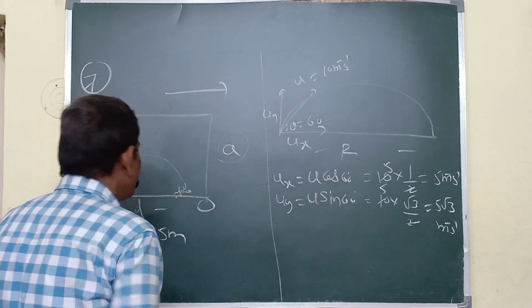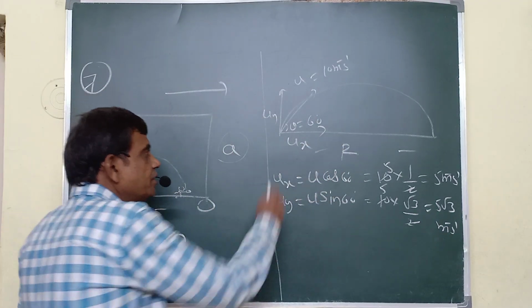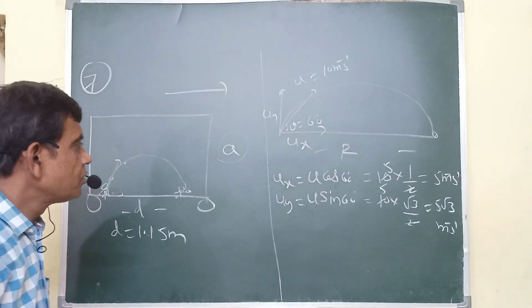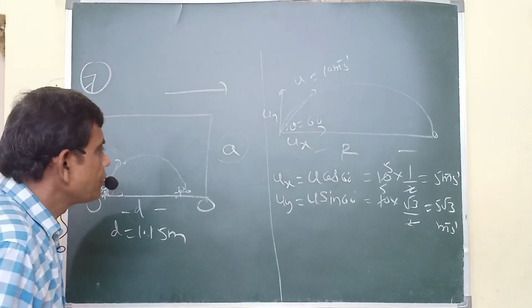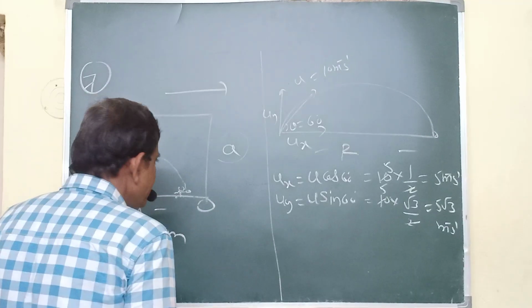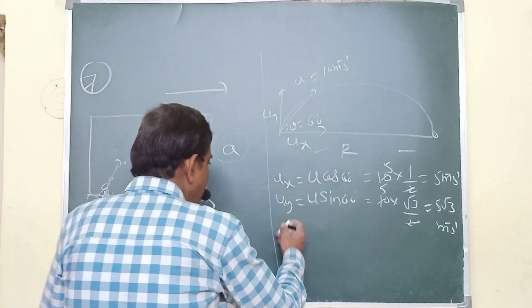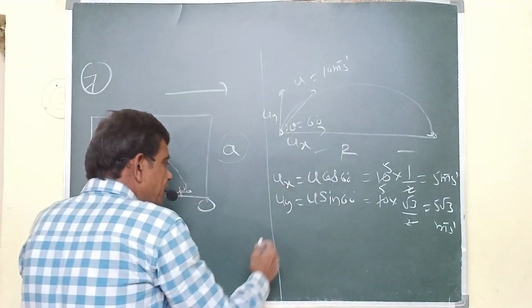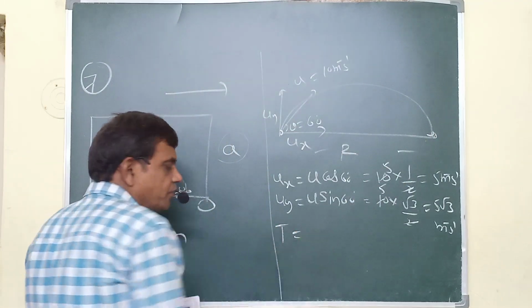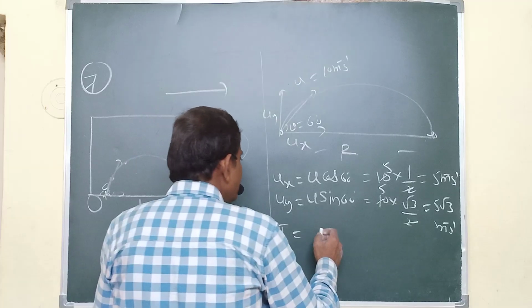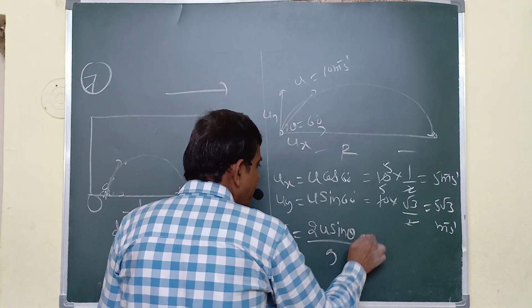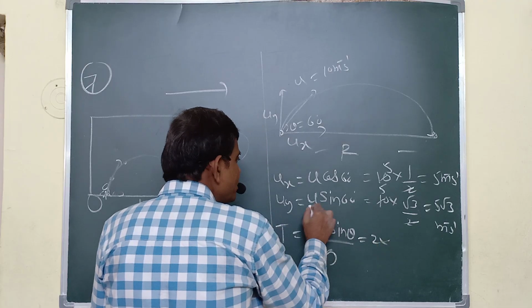So this is the vertical component. The ball goes from here to here, so the time of flight is 2u sin theta by g. For the ball to reach here, the time taken is the time of flight, 2u sin theta by g, where u sin theta is the y component.